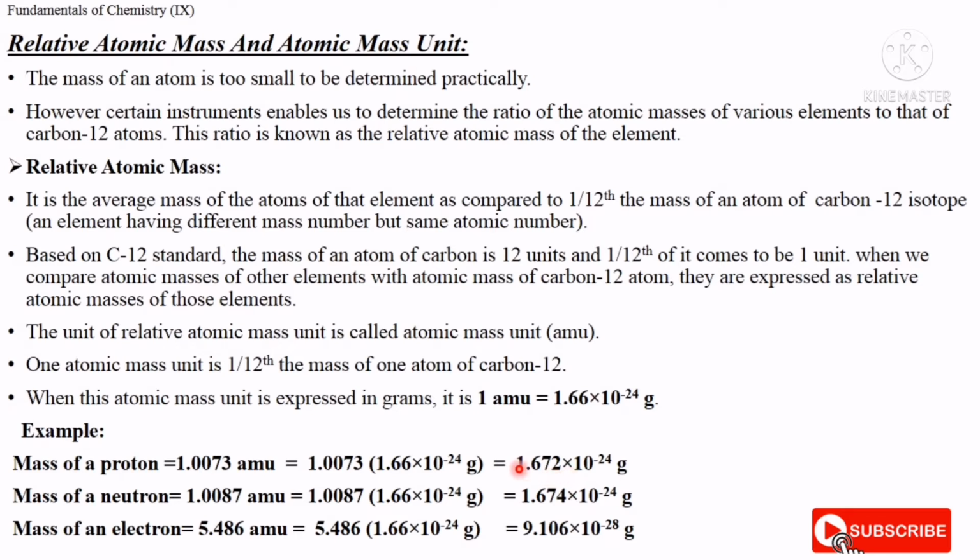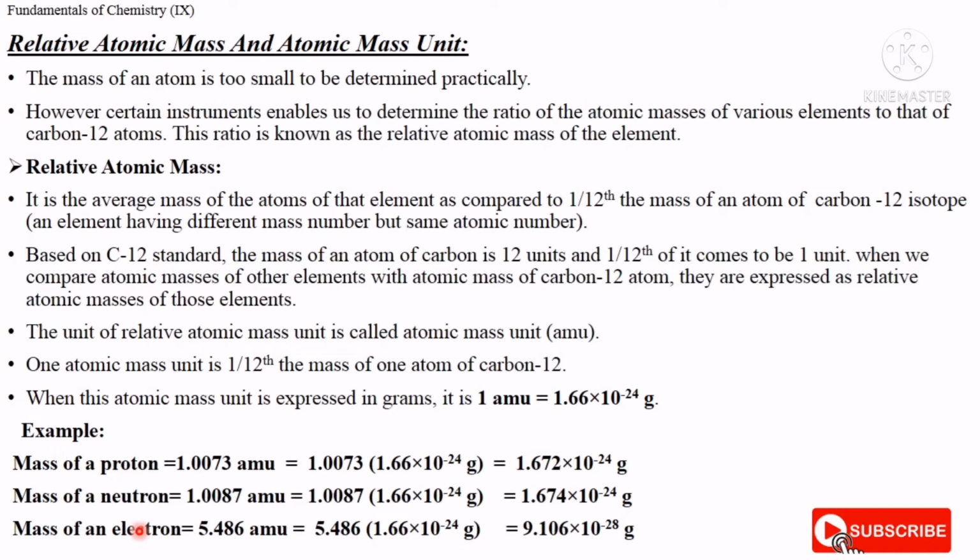In the same way, the mass of neutron is 1.0087 AMU. We put the value of atomic mass unit in gram, 1.66 into 10 raised to power minus 24 gram, multiply them, and we get the answer 1.674 into 10 raised to power minus 24 gram.